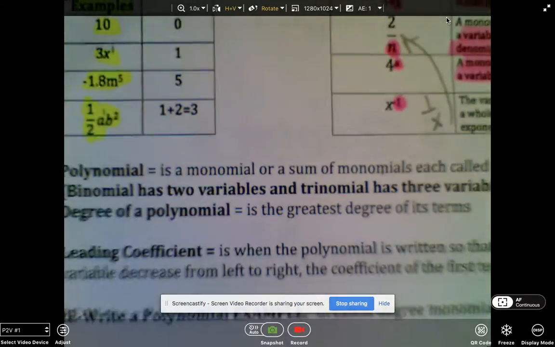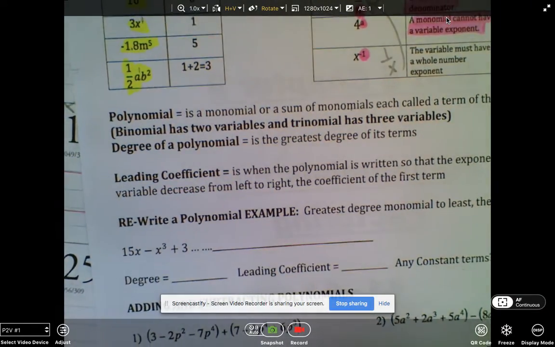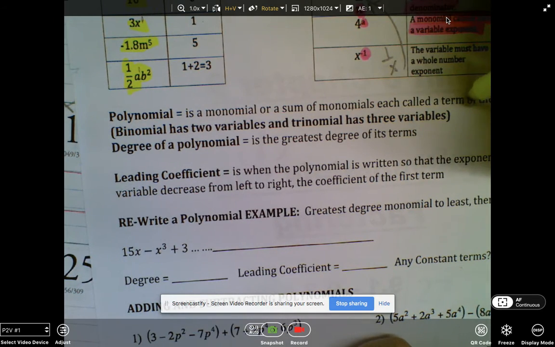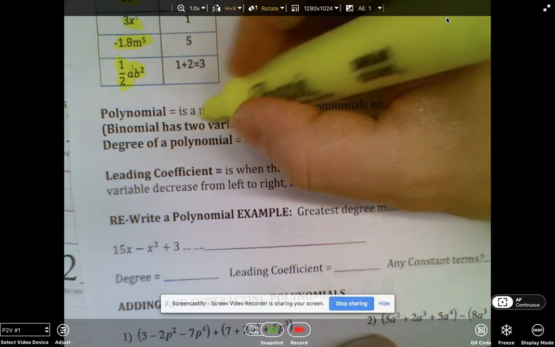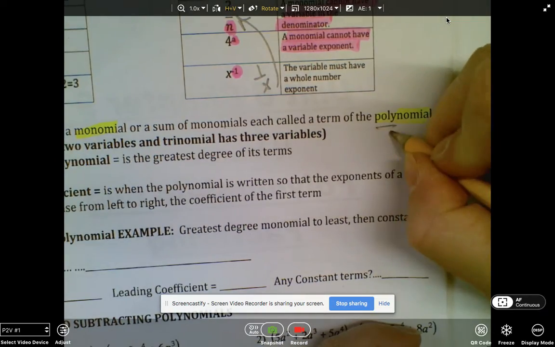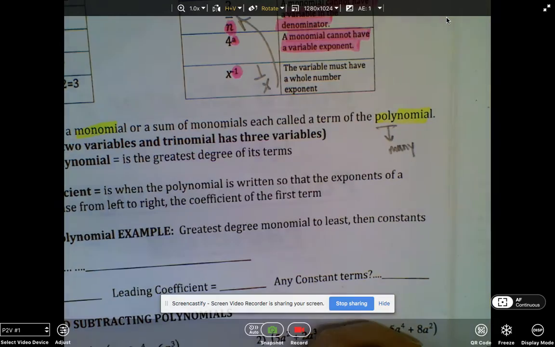All right, so what is a polynomial? A polynomial is a monomial or a sum of monomials, and each monomial is called a term of the polynomial. So it's either one monomial or a bunch of them. Poly is a fancy word for many, so many monomials together, basically.